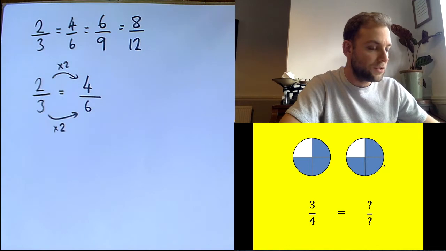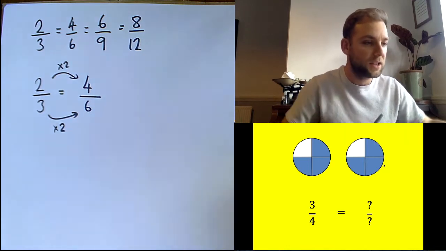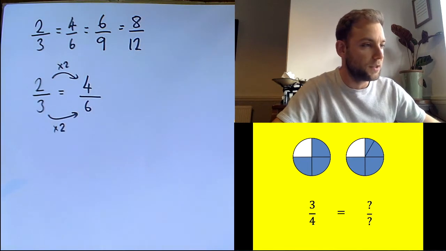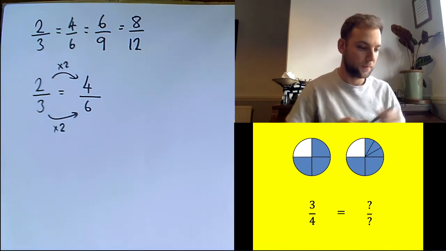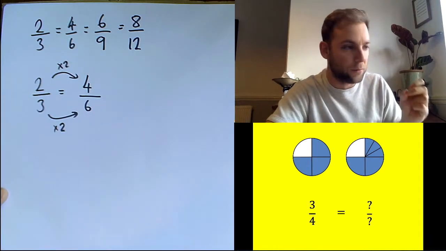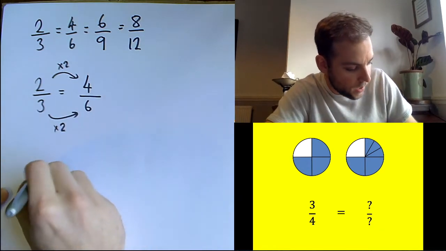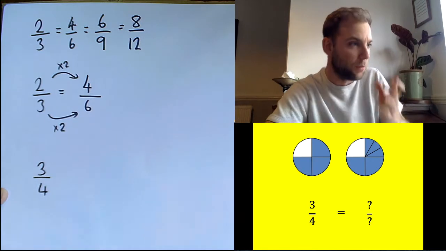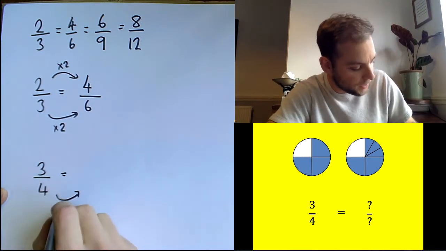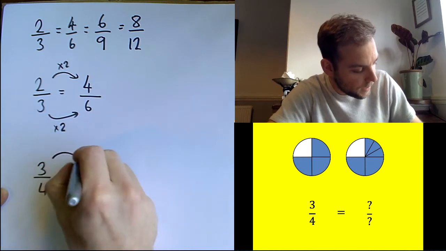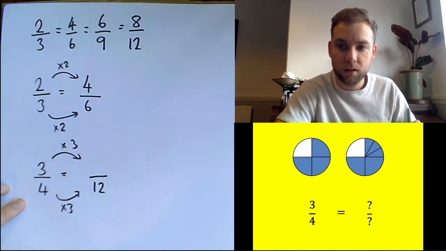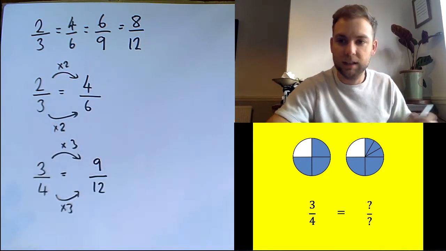So let's just have a little look at this next one. So here I've got 3/4 this time. So instead of splitting up by 2 this time, I'm going to split this one up by 3. So before I continue, can I show this without drawing the diagram? So I've got 3/4, and I want to split this up into 3 separate parts. So I do this by timesing by 3, and timesing by 3, so 4 times by 3 is 12, and 3 times by 3 is 9.